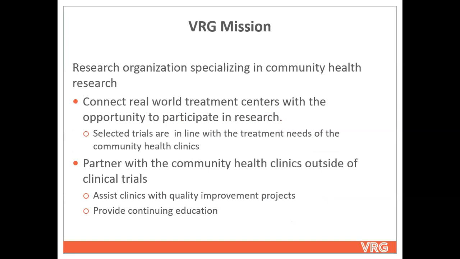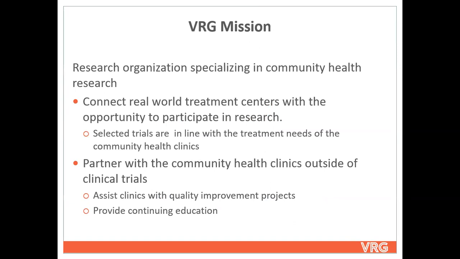Before we jump into our topic today, for those of you who don't know Vanguard Research Group as well, haven't worked with us before, I will just say a few words about our mission. We are a research organization that specializes in community health research. So it's our mission to connect real-world treatment centers with opportunities to participate in research.